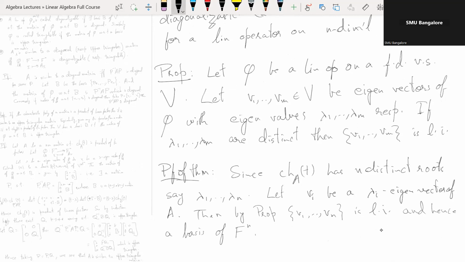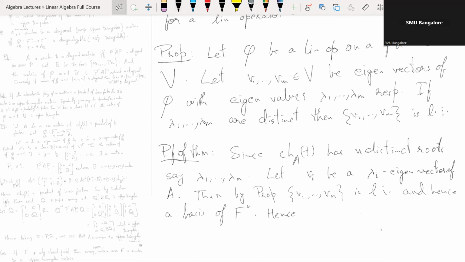So in the theorem we wrote the version for the matrix rather than the operator. That's why Fn. Hence by the result we saw in the earlier class, A is similar to a diagonal matrix.